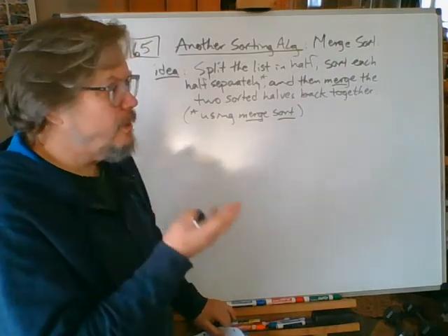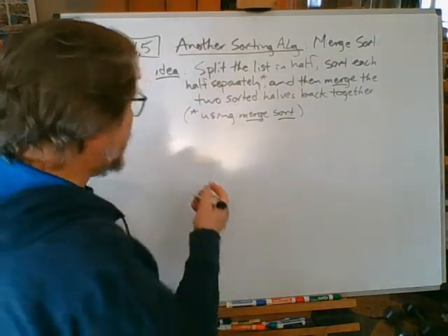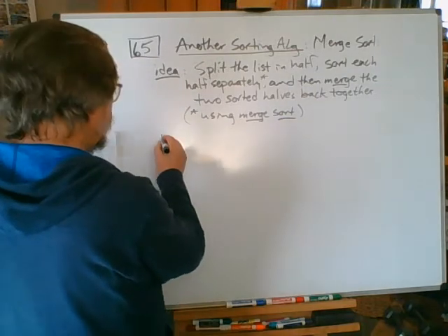Merge sort is a weird kind of algorithm called a recursive algorithm. Definition.